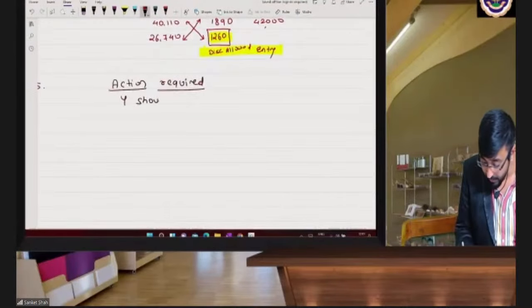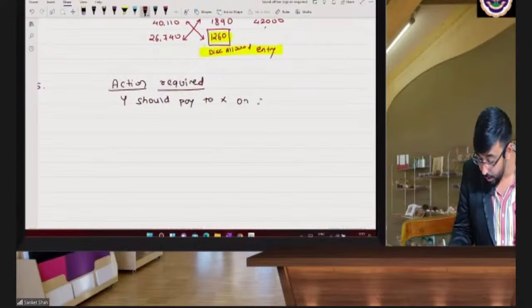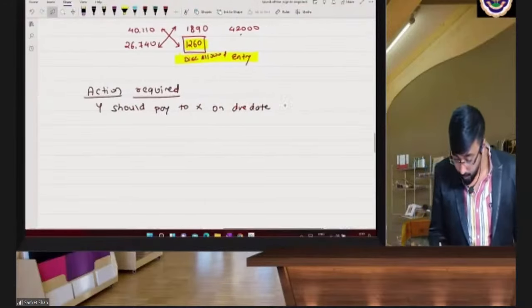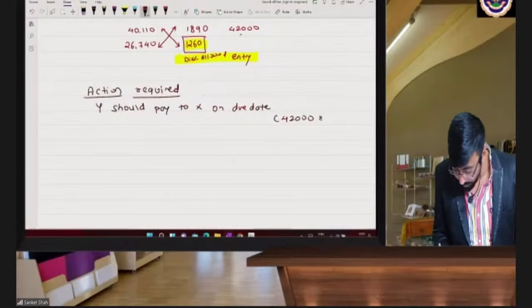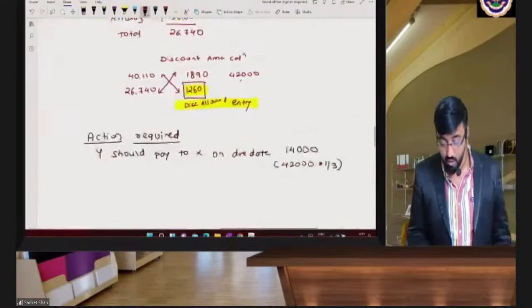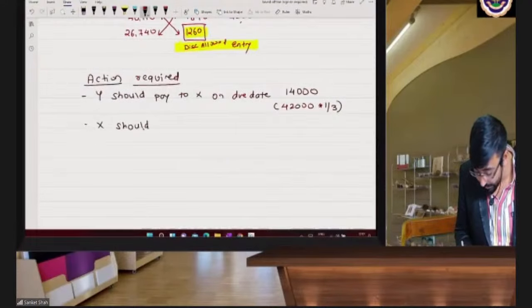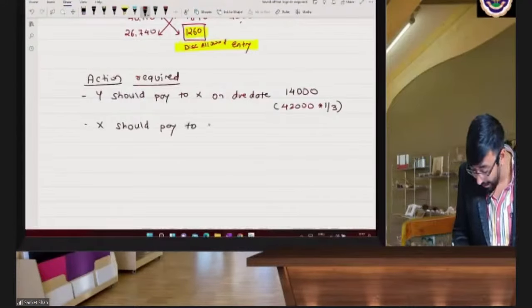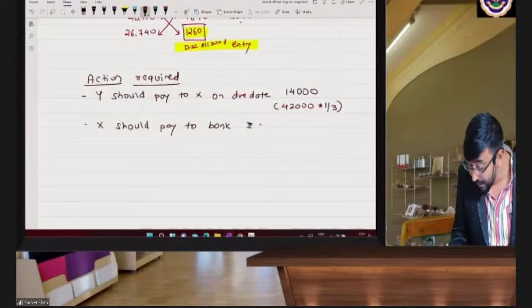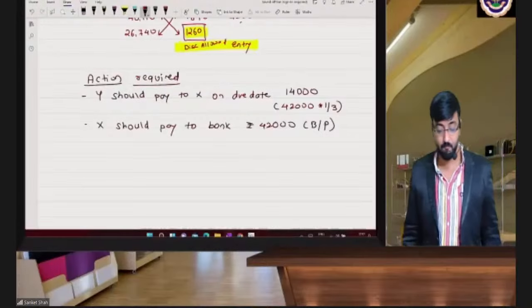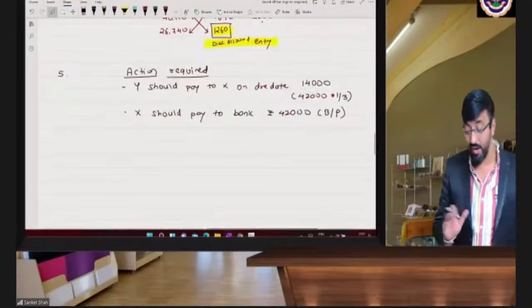Y should pay to X on due date 42,000 into 1/3 amount, 14,000, because he used 1/3 amount, and X should pay to bank rupees 42,000, which is bills payable amount. This is the action which is required.